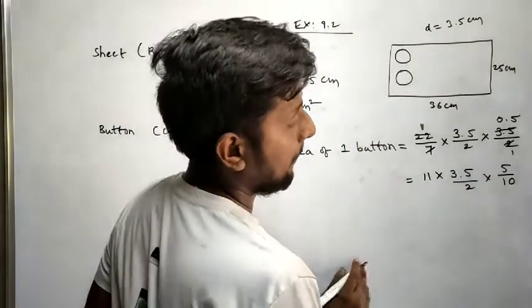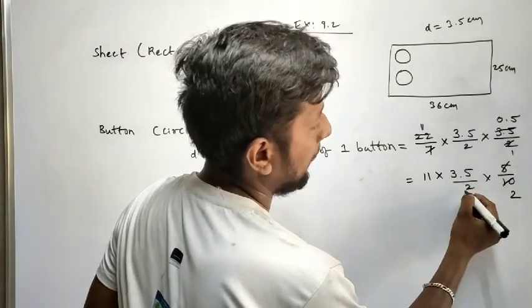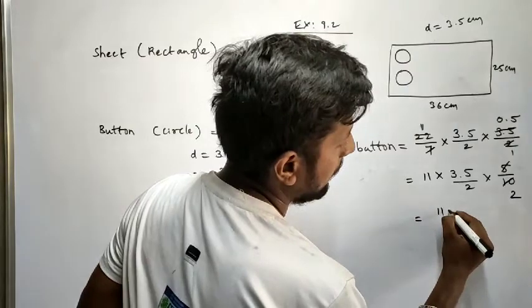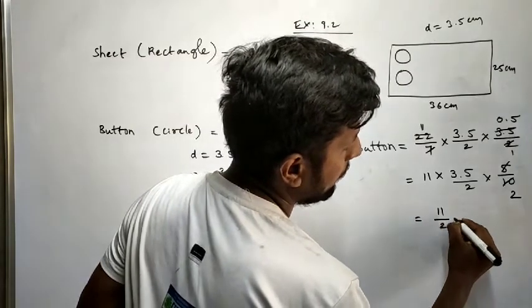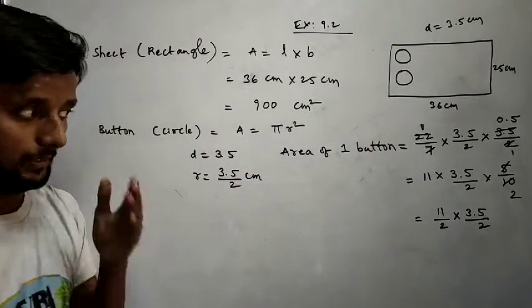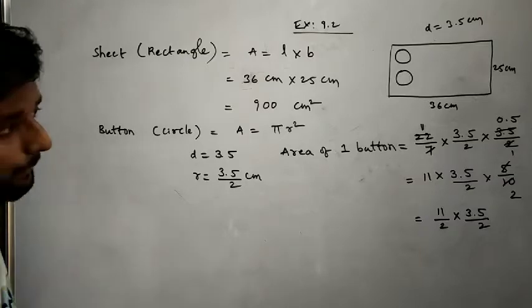Correct? Yes. So overall I can write it as 11 by 2 into 3.5 by 2. Correct? 11 by 2 is nothing but 5.5.